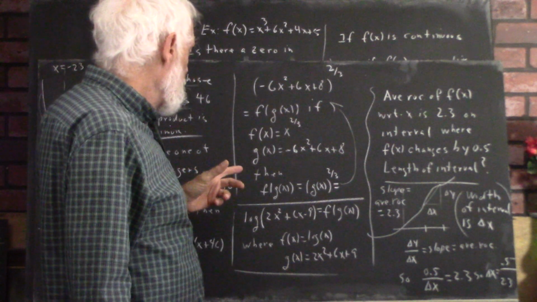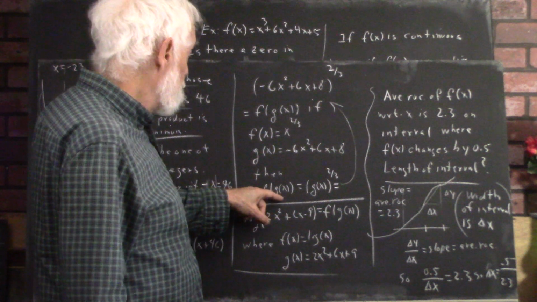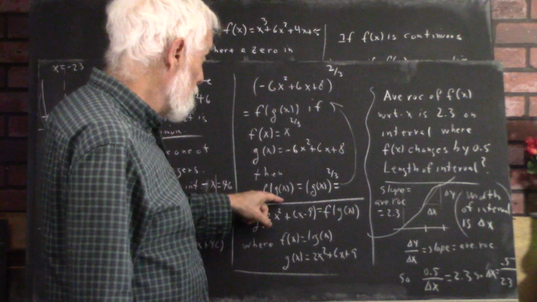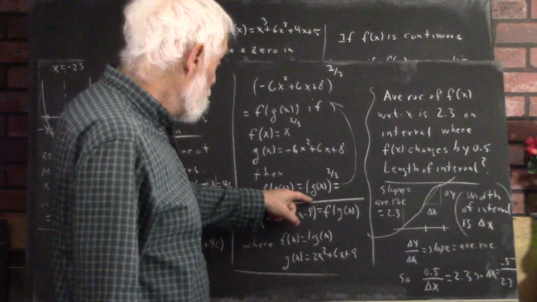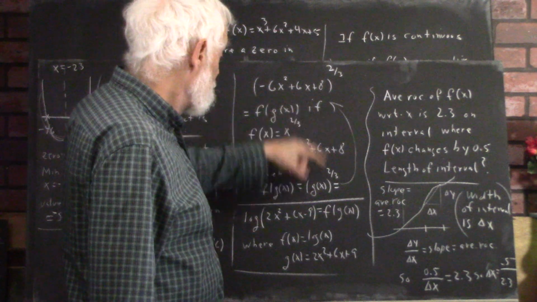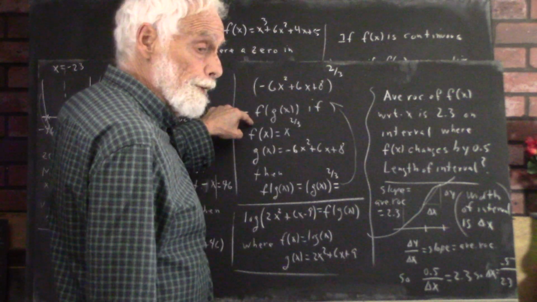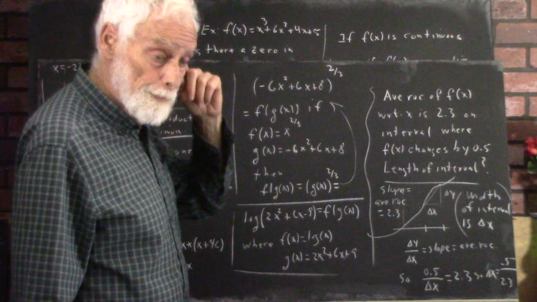Then, if that's the case, just to see that that's true, f of g of x is what? f of x is x to the 2/3, so f of g of x is g of x to the 2/3, and g of x is this. So g of x to the 2/3 is just this, so that does it. That's how you express this as a composite.